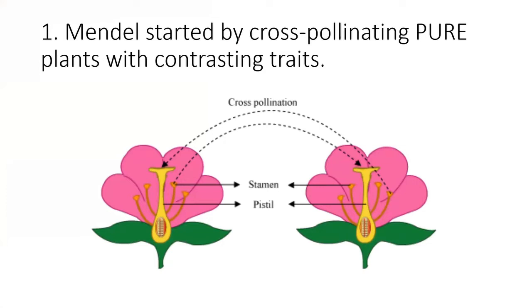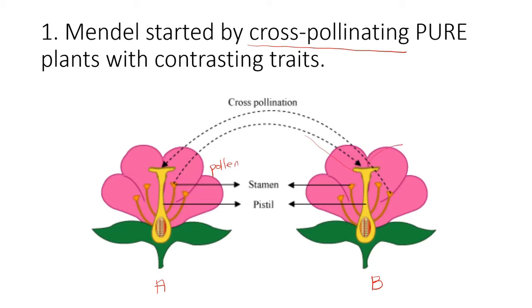Let's begin first with this word, cross-pollination. In cross-pollination, you have 2 flowers. Let's say this is flower A and flower B. The pollen, do you still remember the word pollen? The pollen from the stamen of your flower A is transferred to the pistil.